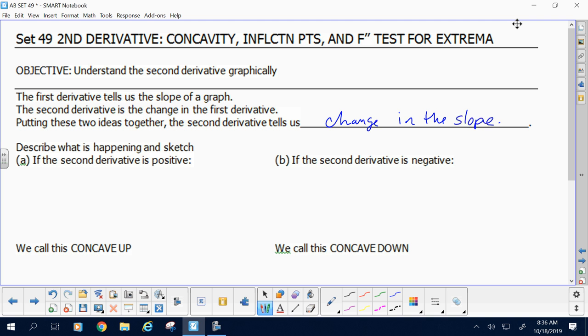Now, if the second derivative is positive, then that means the slopes are increasing. You could think of a smiley face. If you look at these slopes, this slope is maybe -3, now the slope is -2, now the slope is -1.